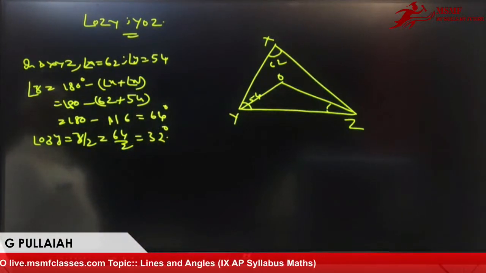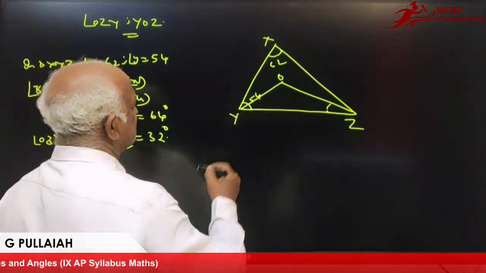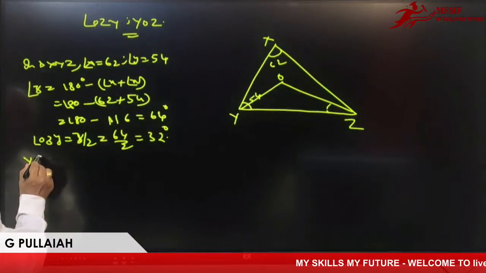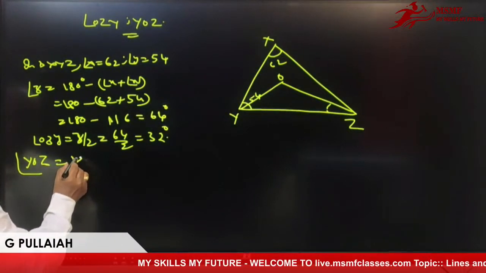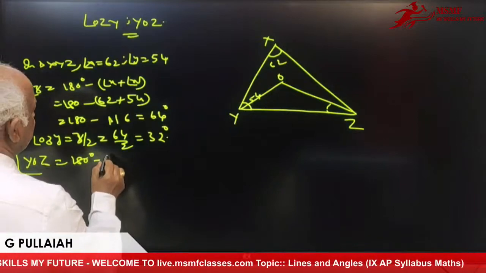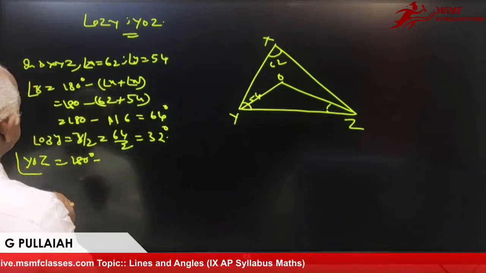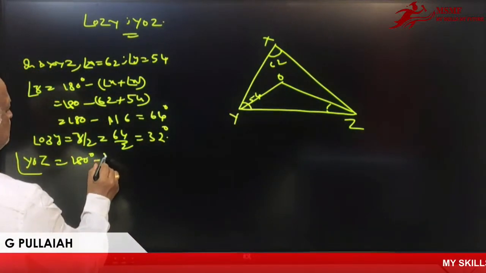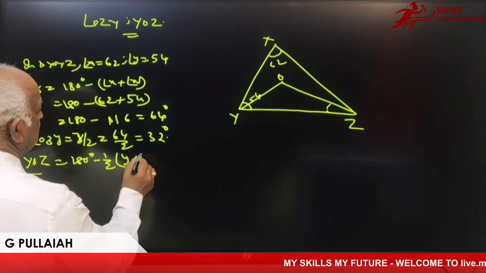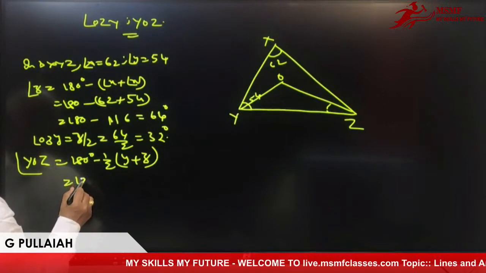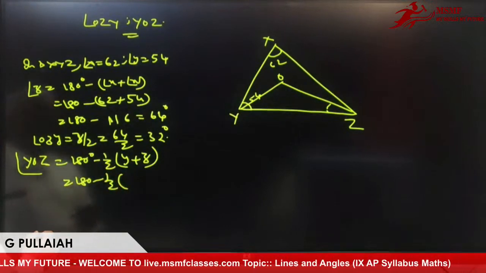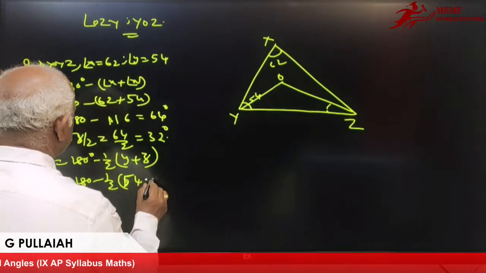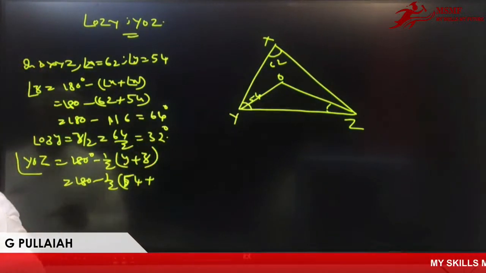Let's go, 32 degrees. Another one, YOZ. YOZ is nothing but half of Y, which is given as 54 degrees, plus Z, which is equal to 64.